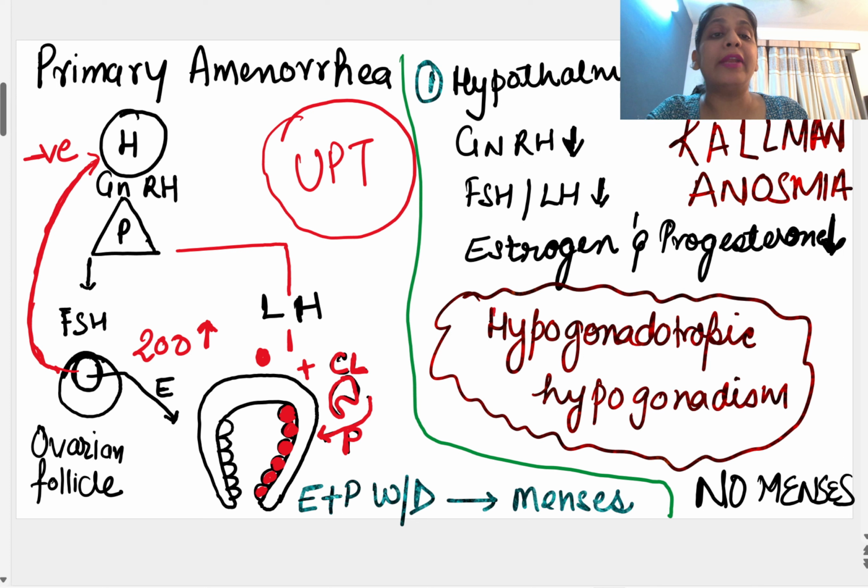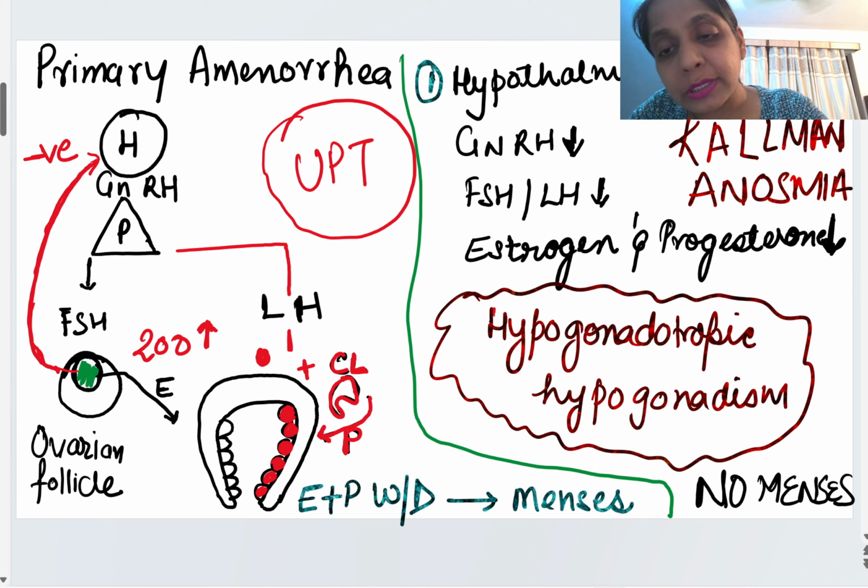When a female reaches puberty, the hypothalamus releases gonadotropin releasing hormone, and that acts on the pituitary and it releases the gonadotropins. What are the gonadotropins? FSH and LH, right? So first the pituitary releases FSH. This FSH goes and acts on the follicle which is inside the ovary.